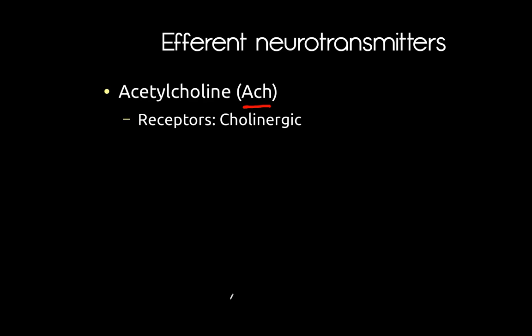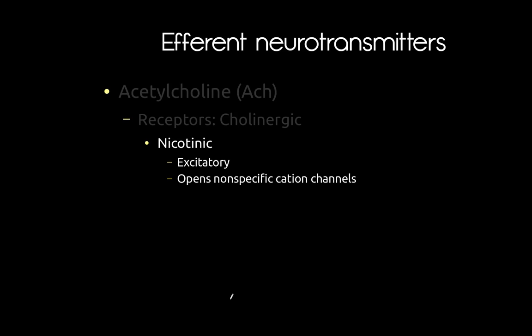Now, there's more than one type of cholinergic receptor. We have nicotinic cholinergic receptors, because they respond to nicotine. This is one of the ways they were originally studied, that we could excite these with nicotine. These receptors tend to be excitatory.